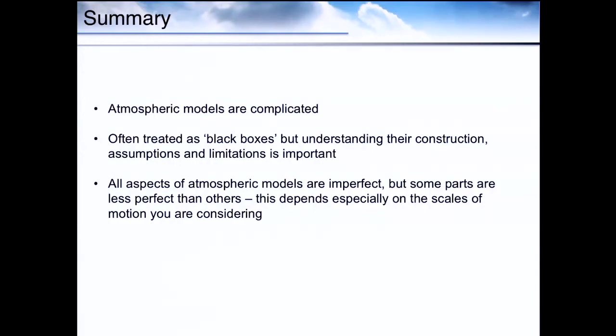All aspects of our models are imperfect, but some parts are less perfect than others. And so we should appreciate those. It really depends on the scales of motion you're considering. And as you get closer and closer to the minimum resolvable scale of your model, it becomes problematic. And that's it.